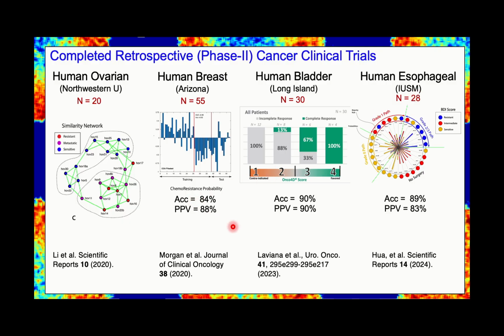And in all these cases, we're kind of hovering in the range of about 85%. So out of 20 patients, we do typically get about maybe 3 wrong. But it also means that we're getting 17 right, that we're calling correctly that they'll be either sensitive or resistant to their therapy. And so across all of these different cancers, it looks like we have an ability to identify when patients are going to be resistant.